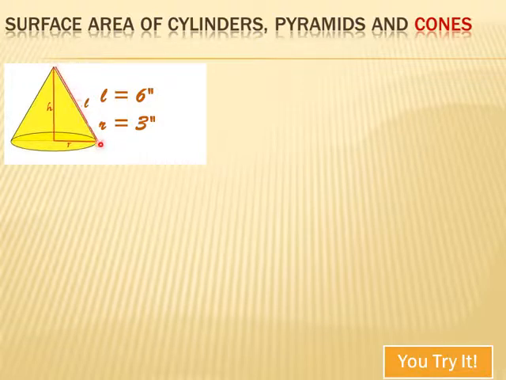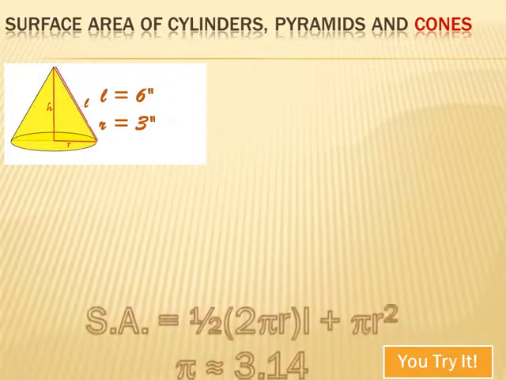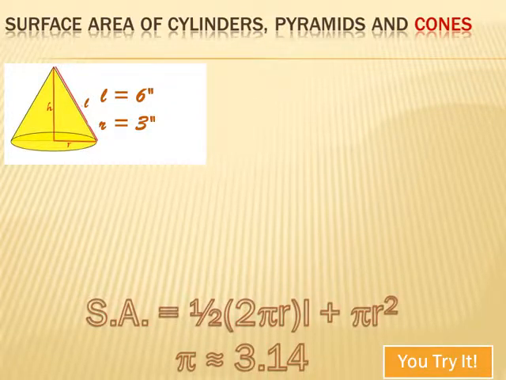It's the height up the side. So what we need to do is remember the formula, that the surface area equals 1/2 times 2 pi r times the lateral height, or L, plus the area of the base, which is pi r squared. And we need to remember that we're going to use 3.14 for pi.